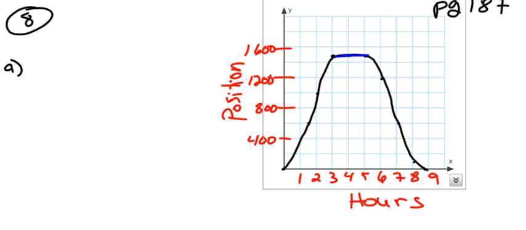Number 8 in our textbook says, the following figure shows the position function of an airliner on an out-and-back trip, going there and coming back from Seattle to Minneapolis, where the position function is the number of ground miles from Seattle in t hours after takeoff at 6 a.m. The plane returns to Seattle 8.5 hours later at 2:30 p.m. Part a wants us to calculate the average velocity of the airliner during the first hour and a half of the trip.